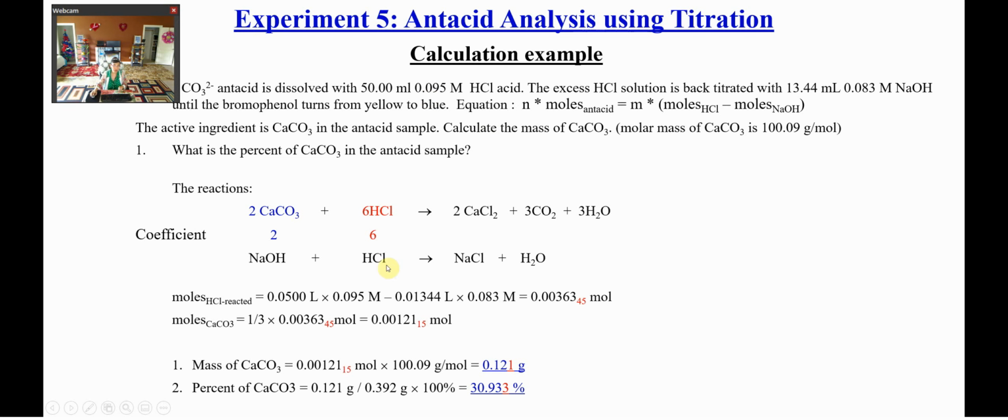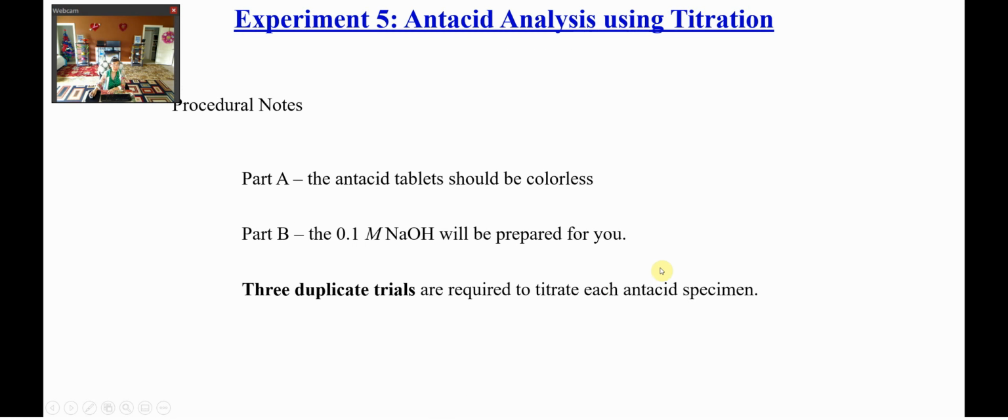The excess HCl is back titrated with sodium hydroxide. The sodium hydroxide is your standard solution, and your antacid is your unknown. From there, you calculate how many grams of antacid are in your medicine, and further you calculate the percentage of calcium carbonate.